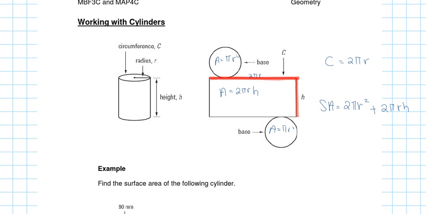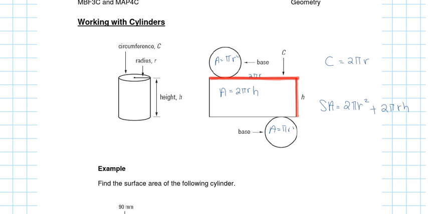Now, why do we need to understand how they came up with the formula? Because what if I asked you to find the surface area of a cylinder, but without the top? So I'm asking you to find the surface area of an open cylinder.